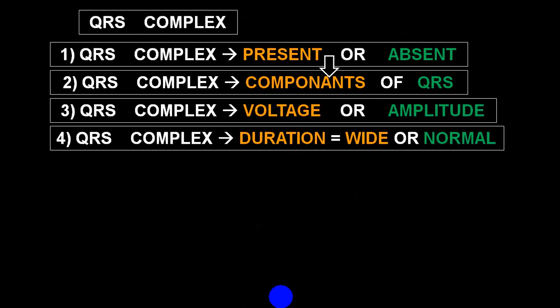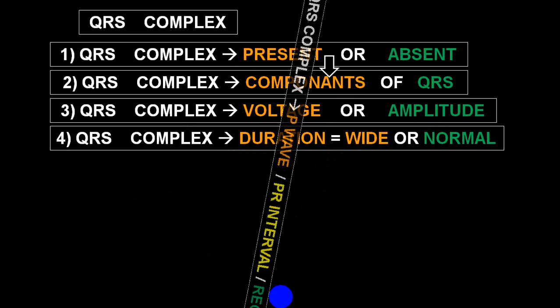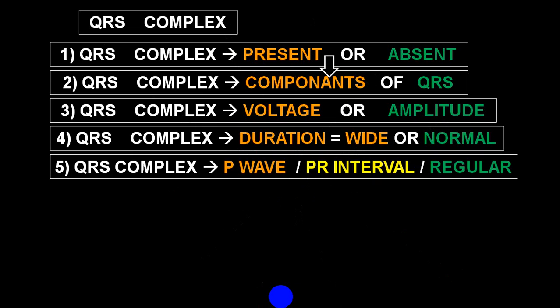Then you look at the duration of the QRS complex, whether it is normal, that is less than 0.12, less than 3 small squares, or more than 3 small squares, that is a wide QRS complex. And then we mention the relation to the P wave, the PR interval, and regularity to find out the rhythm of that particular ECG, which you can best identify in a rhythm strip.